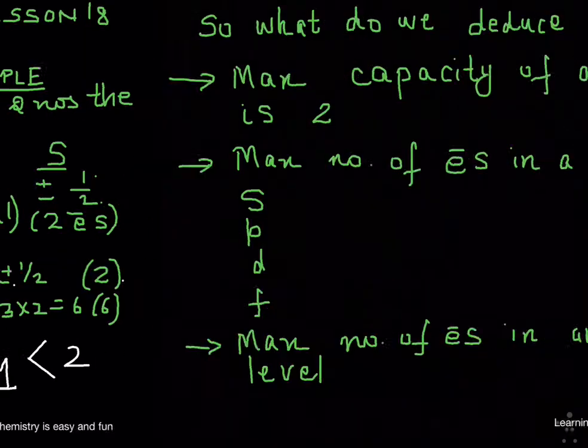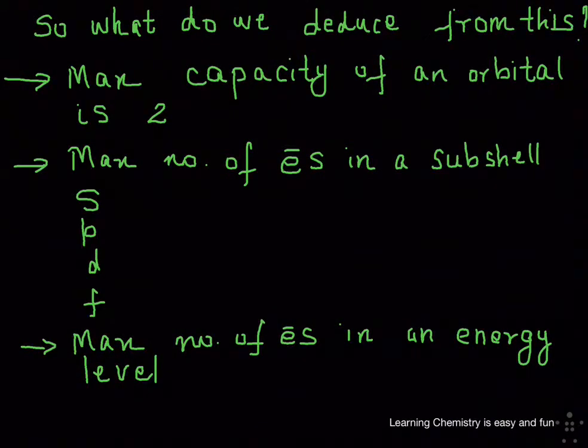So, the second thing that I deduce from Pauli's exclusion principle is the maximum number of electrons in a subshell. So, for S, the maximum capacity is 2. For P, yes, we did it in the previous lesson also, it is 6.